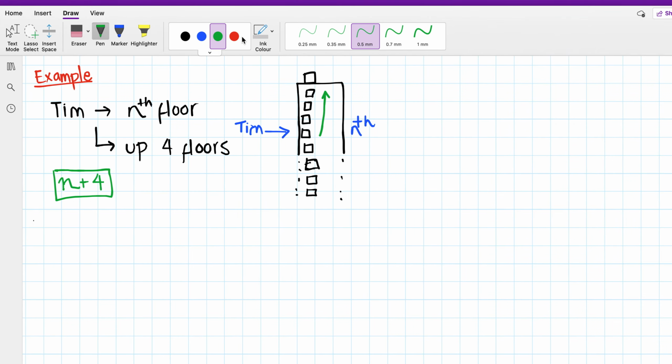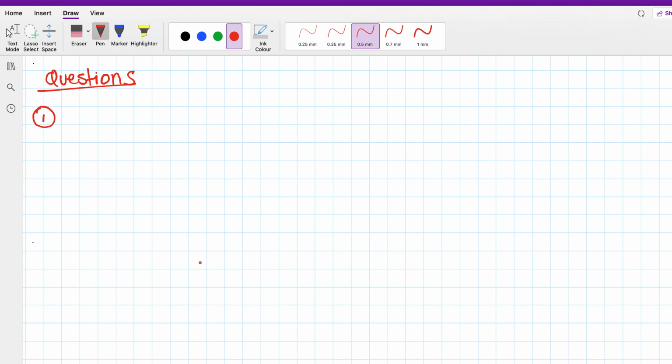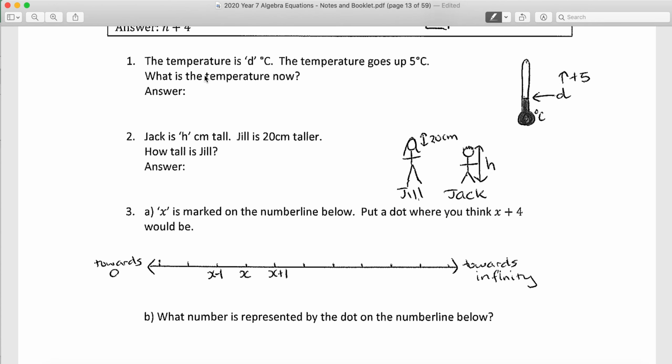So we're going to start with our questions. And now we're going to go to question 1. Wonderful. Question 1 says, the temperature is D Celsius. The temperature goes up by 5 Celsius. What is the temperature now?